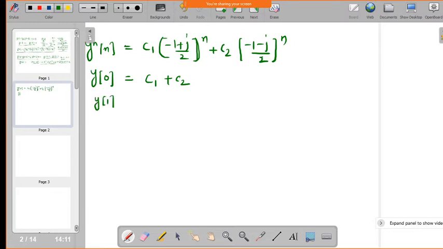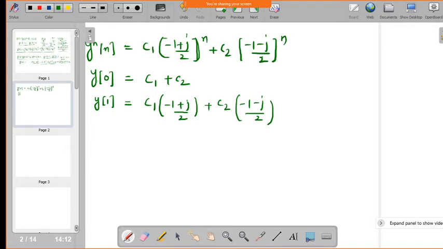And y of 1 is equal to C1 into minus 1 plus j divided by 2 plus C2 into minus 1 minus j divided by 2.